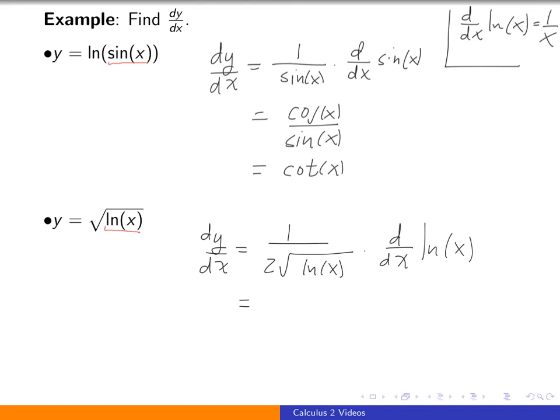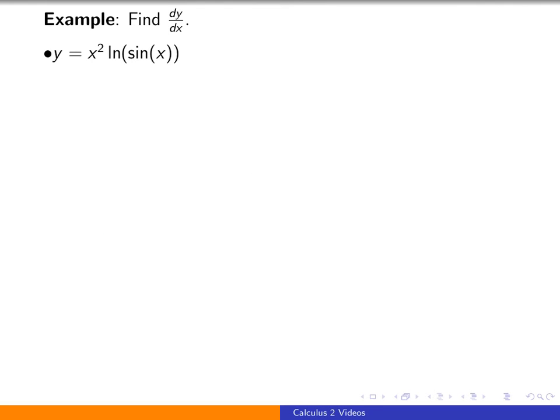And the derivative of natural log of x is, of course, 1 over x. So we have 1 over 2 square roots of natural log x multiplied by x. So at this point, we can really think of just having a new differentiation formula associated with the natural log. Once again, the reminder, the derivative of the natural log of x is 1 over x.